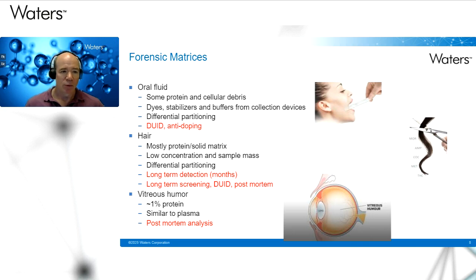The advantage is we get very long-term detection, often for months, and it's good for long-term screening, DUID, postmortem work, and some others. And then finally, for postmortem, obviously, we can use vitreous humor. Very similar to plasma, but there's fairly low protein content, and it's fairly straightforward to work with.